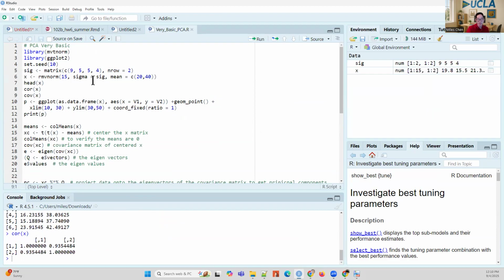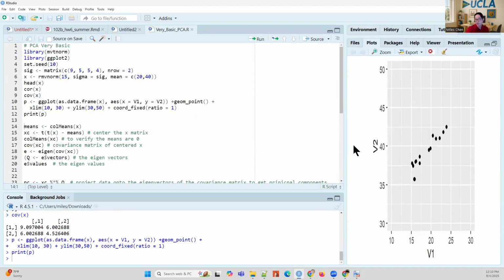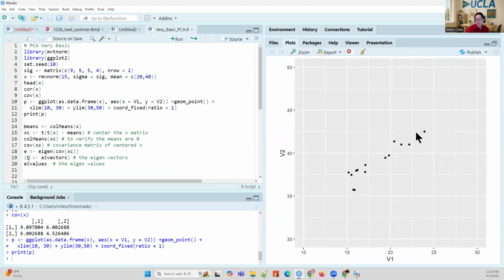So here I'm generating some 15 points. This is my covariance matrix. And if I plot this, this is what my randomly generated data looks like in 2 dimensions here.